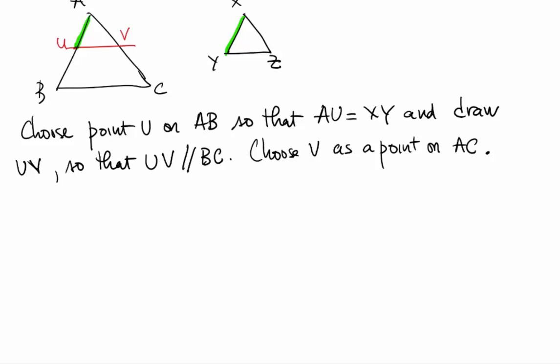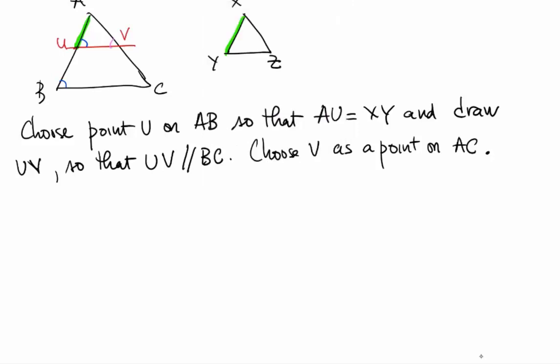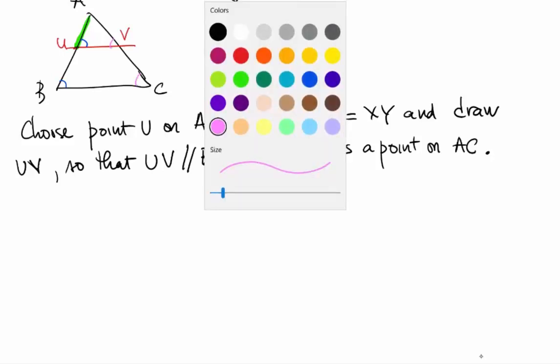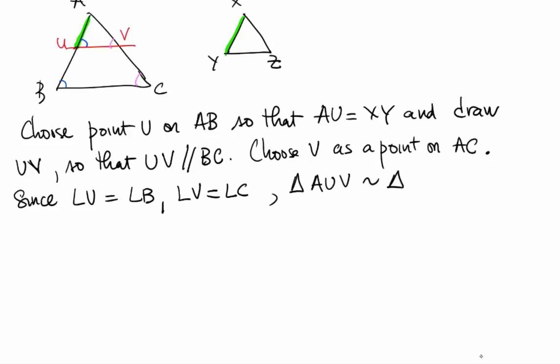Next, observe that the angle at U is equal to the angle at B, and the angle at V is equal to the angle at C. Clearly they share the same angle at A. So then we can conclude that since angle at U is equal to angle at B, and angle at V is equal to angle at C, triangle AUV is similar to triangle ABC.